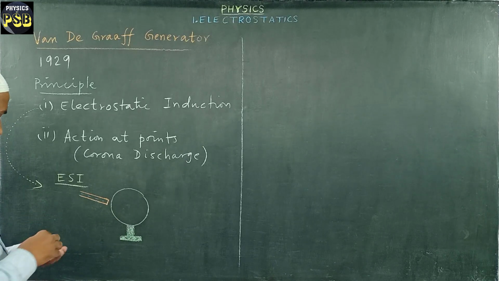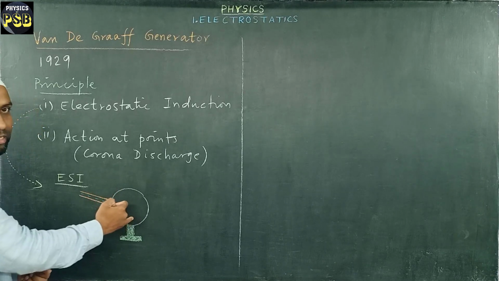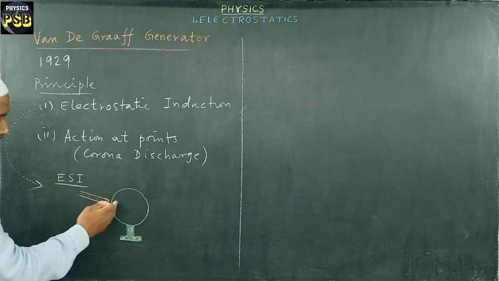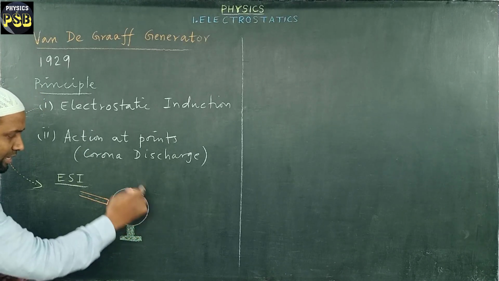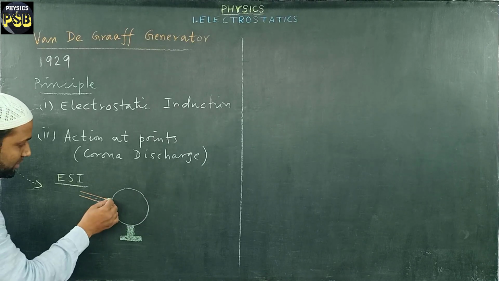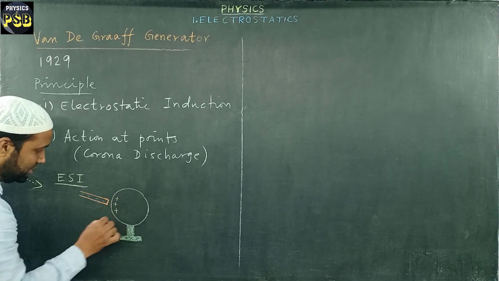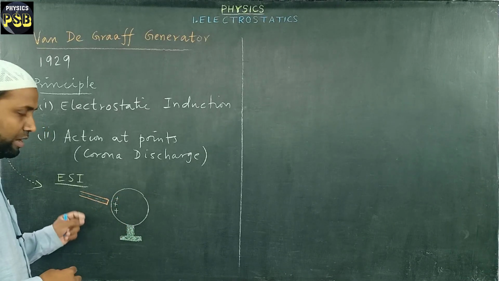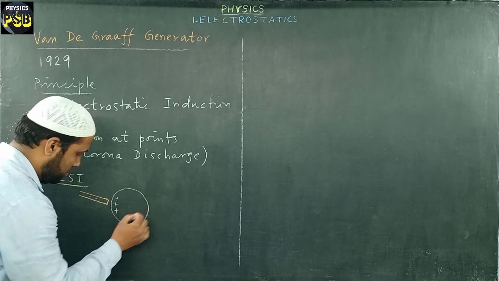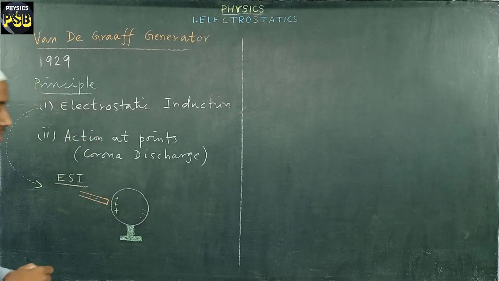What is the reason? The reason is this object has both positive and negative charge in an equal number. So the positive charges present in this object will get attracted towards this, and the negative charges are repelled. So they move to this end.